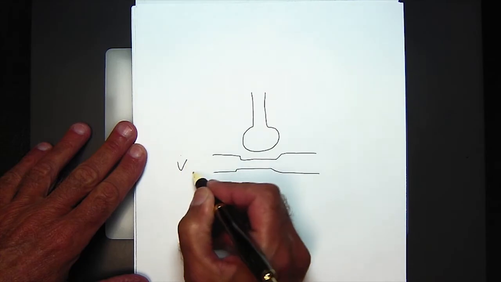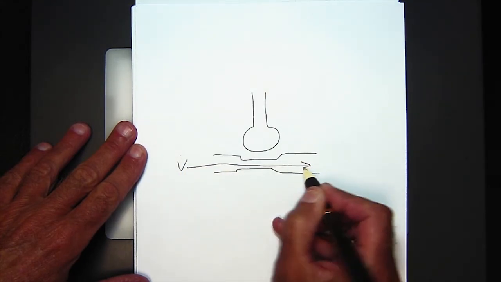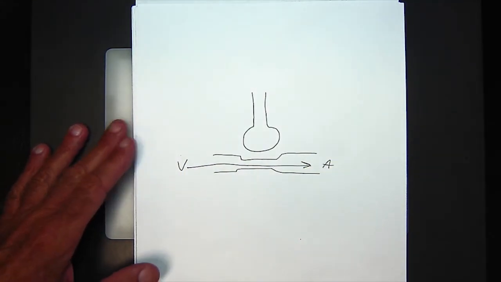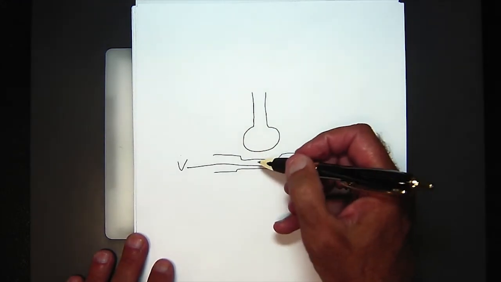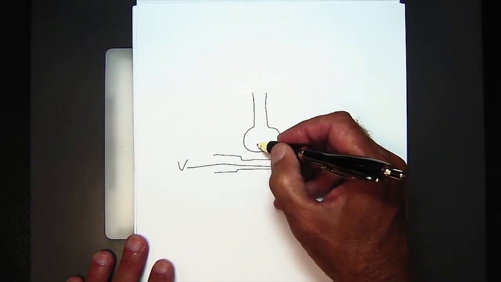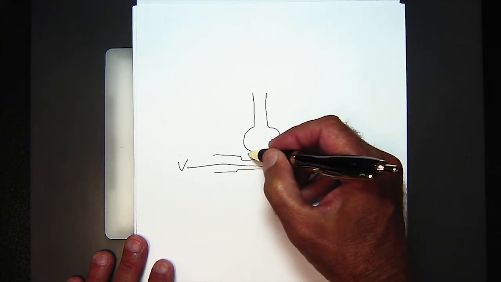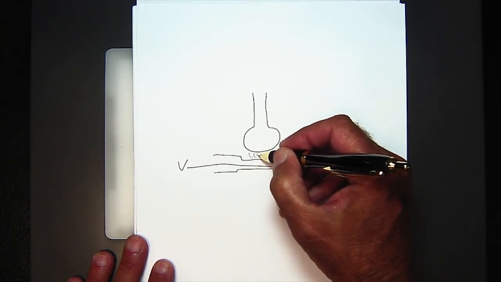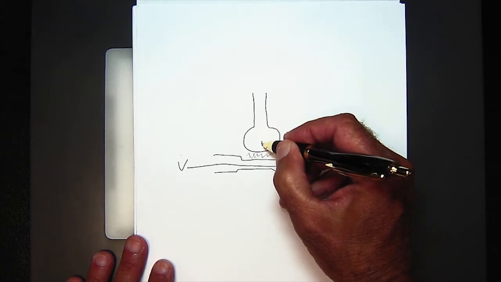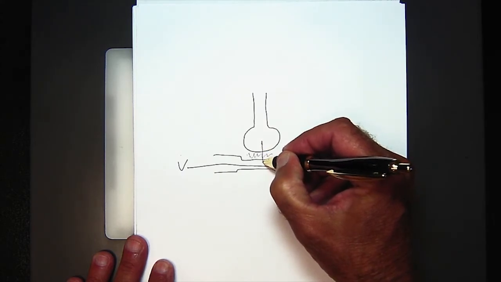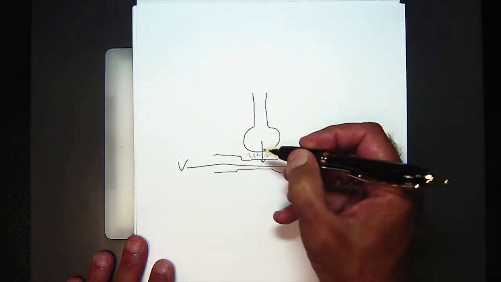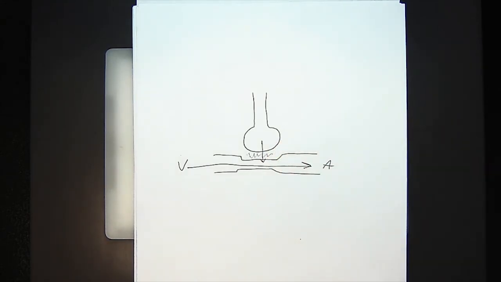This is venous blood coming in, and this is arterial blood. So we're looking at the gas transfer across this alveolar capillary membrane, from the lung into the pulmonary capillary. That's what we're looking at.